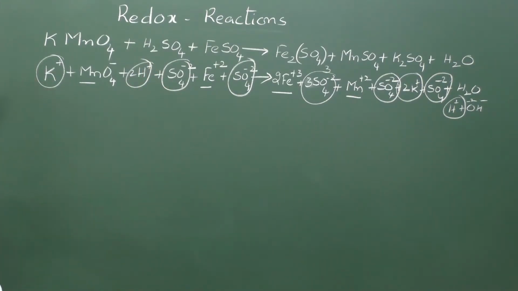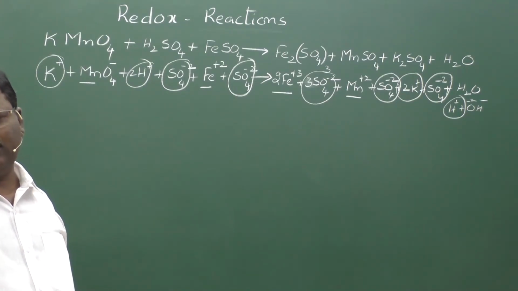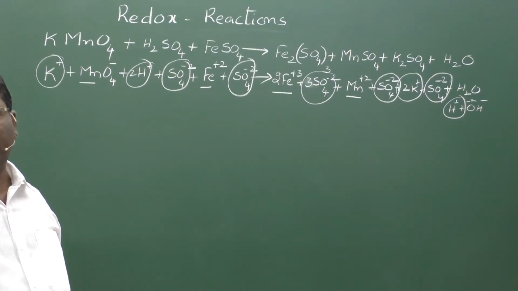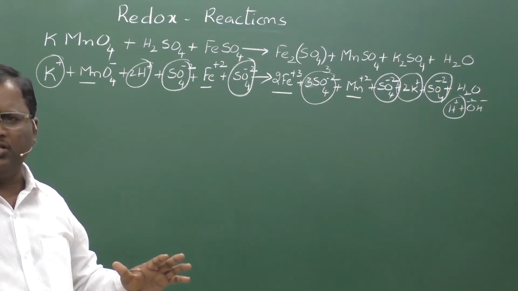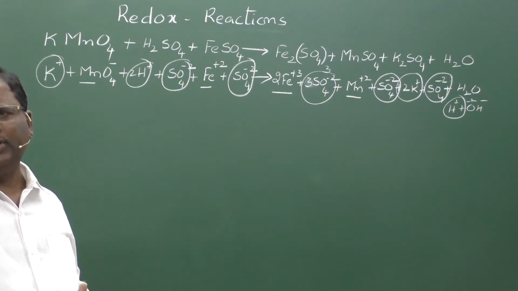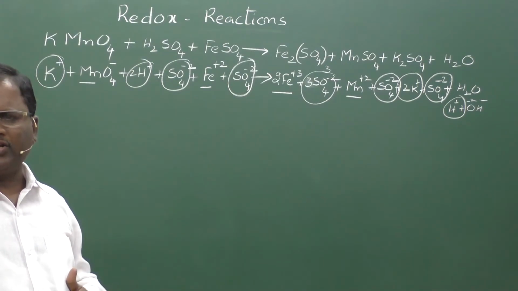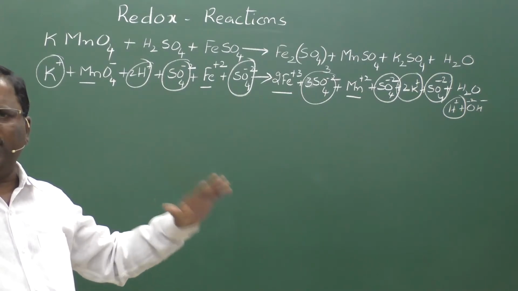Now, all the ions which are rounded off there are called spectator ions. They are called spectator ions because their oxidation state is not changed before and after the reaction. That means, before and after the reaction, they have the same oxidation number.